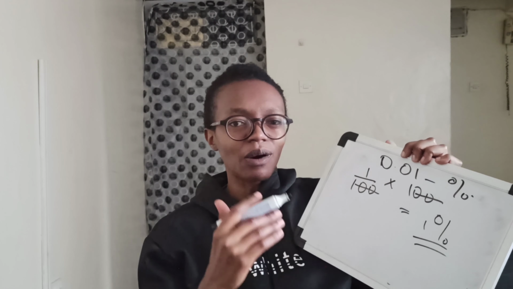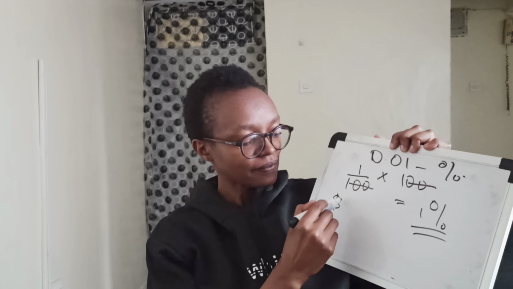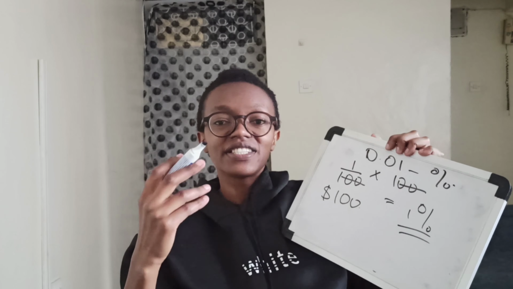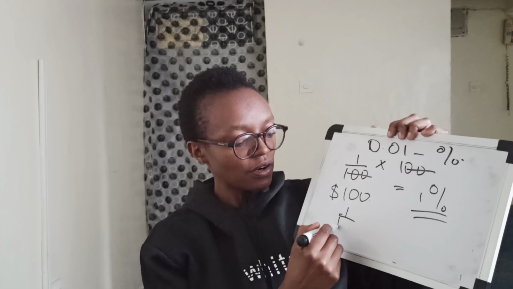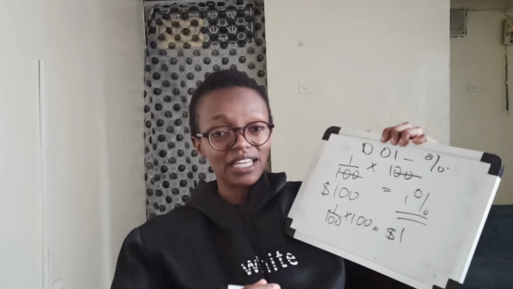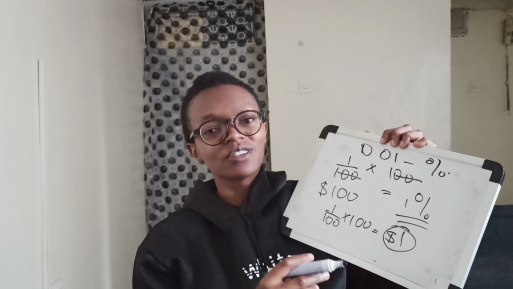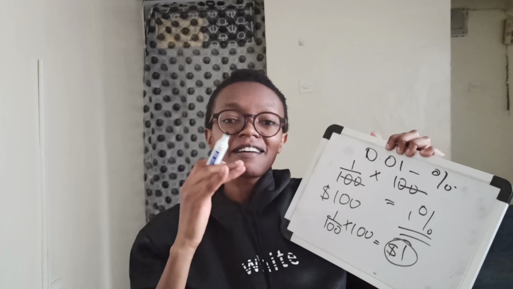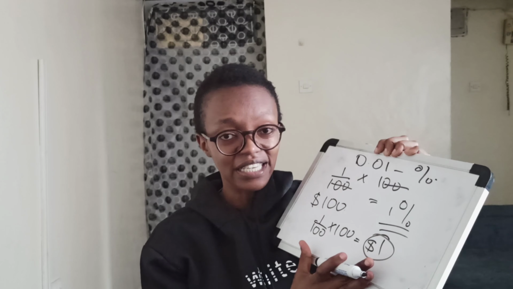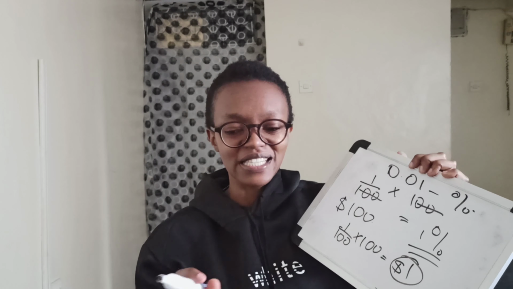Now, if we had a $100 account and price moved up just 1%, the change in our trading account would be 1 over 100 times 100, which is $1. So this is the amount of money that we would end up making after price moved up 100 pips. This is without any leverage. Now let's introduce leverage.